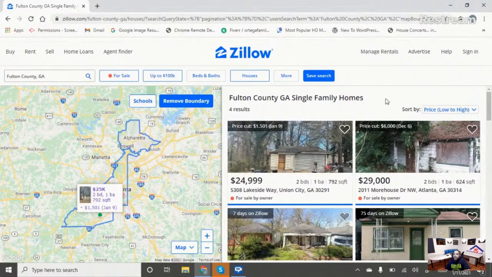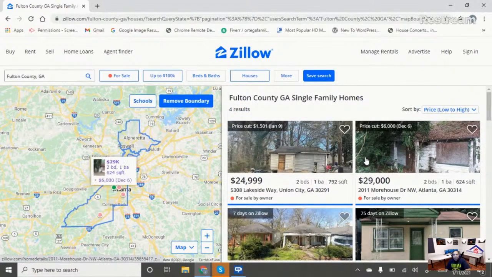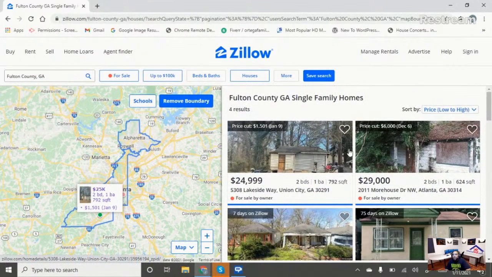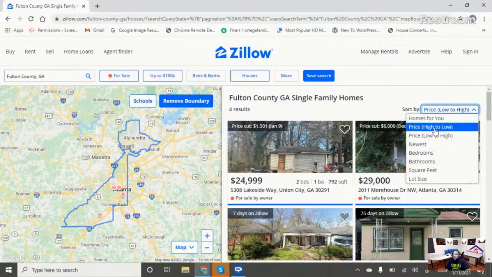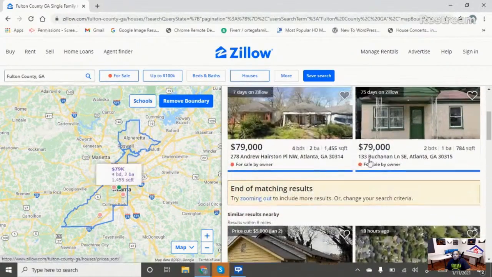All right, so the next thing we're gonna do, and this is what really makes it good. And again, like I said earlier, we're looking for ugly houses. This works better for ugly houses. I personally look for ugly houses. So for that reason, I sort low to high, low to high. All right, and I'm gonna look at the cheapest homes.